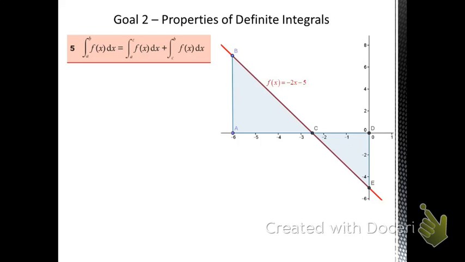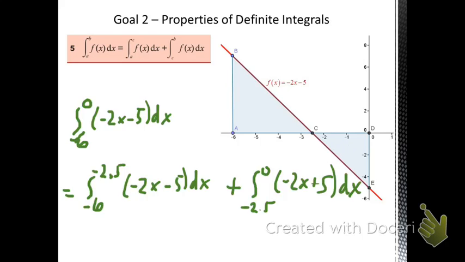In other words, watch this equation and you'll see what I mean. So instead of doing the integral all the way from -6 to 0, we could do it from -6 to -2.5, and then for the same function, find the integral from -2.5 to 0, and then add those together.